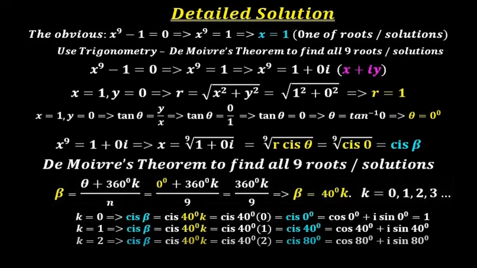When k is equal to 2, cis beta equals cis 40 degrees k, but k is 2, so that is cis 40 degrees times 2, which is cis 80 degrees, which is cosine 80 degrees plus i sine 80 degrees.